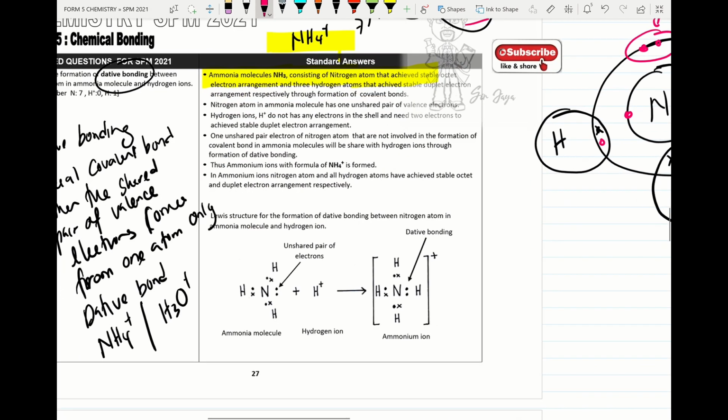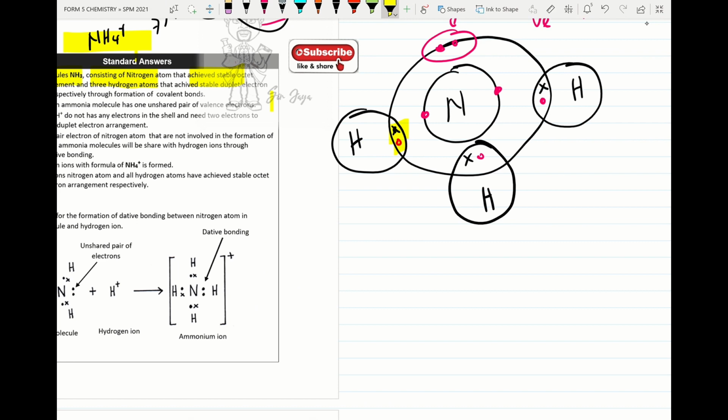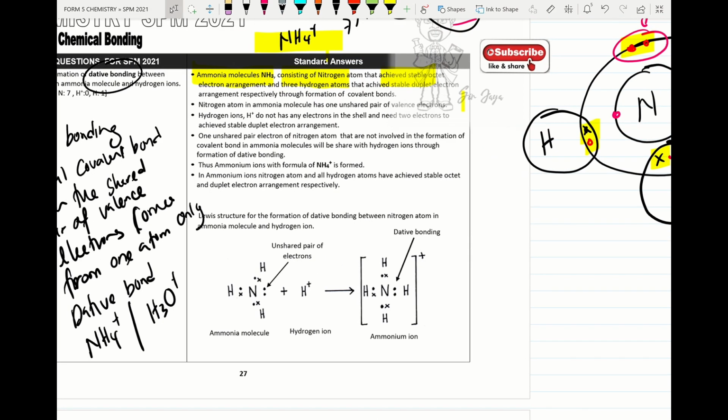So the formation of dative bonding can be explained here. We check again. The ammonia molecule consists of a nitrogen atom that achieves a stable octet electron arrangement, 2, 4, 6, 8, and 3 hydrogen atoms that achieve stable duplet electron arrangements through the formation of covalent bonds. The nitrogen atom has 1 unshared pair of valence electrons that we call a lone pair.